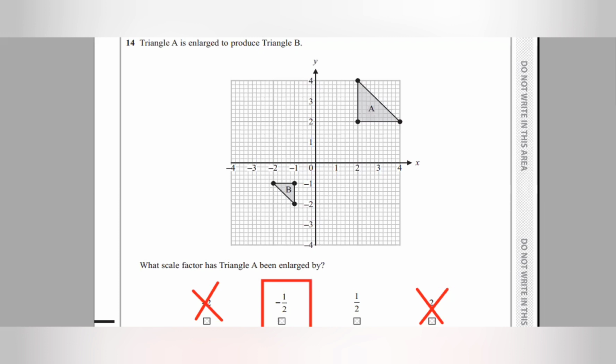As we said, scale factor means the number that we enlarge shapes by. So we found out that this shape became half of its original one. So the scale will be half because it's smaller, and it's negative because it's upside down. That's the idea of answering a question like this. Now, let's move on to the next question.